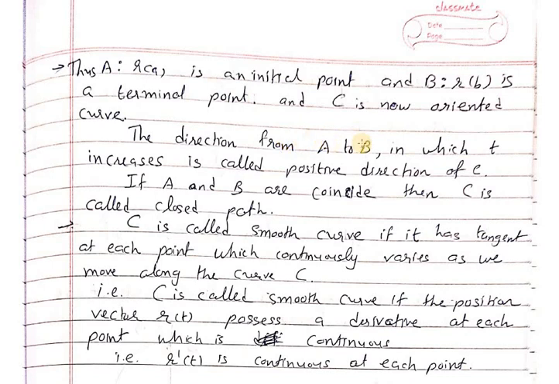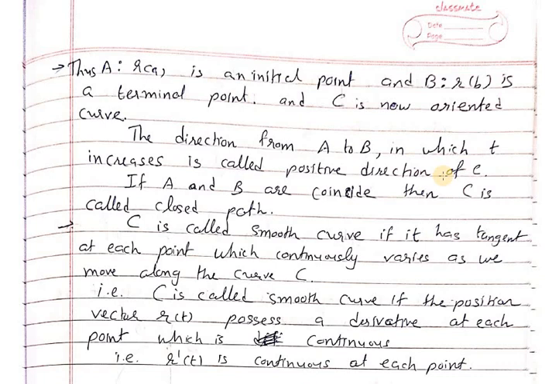Now the direction from a to b in which t increases is called the positive direction. That means if you are taking integration where t is increased from lower value to upper value, then only it is a positive direction. If you are going from upper value to lower value, then it is the negative direction.